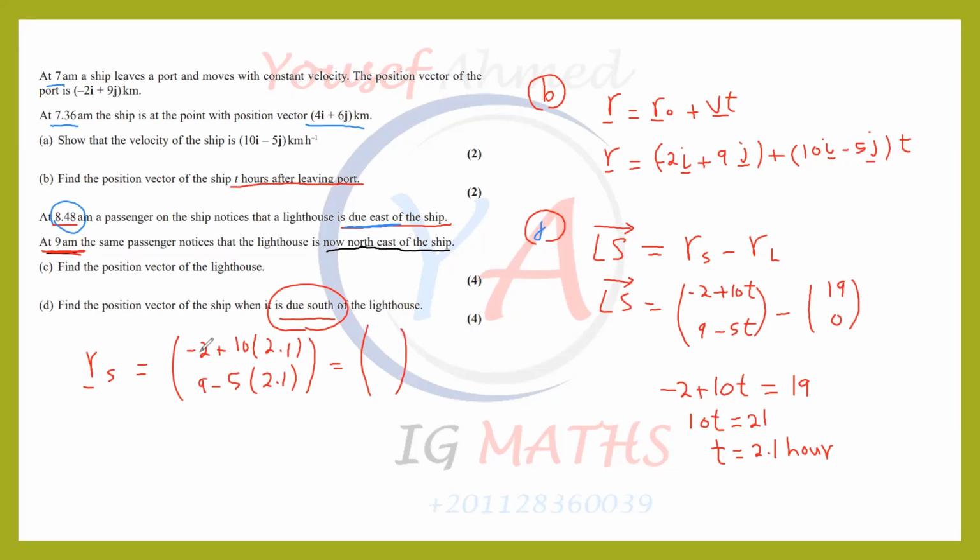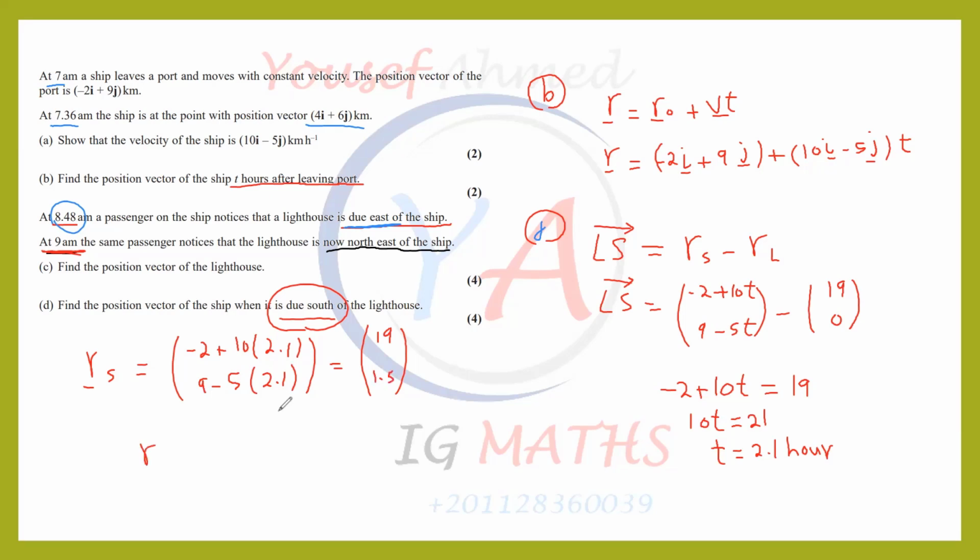Here 10 by 2.1 is 21 minus 2, which is 19, and then 5 by 2.1 equals 10.5, and 9 minus 10.5 is minus 1.5.